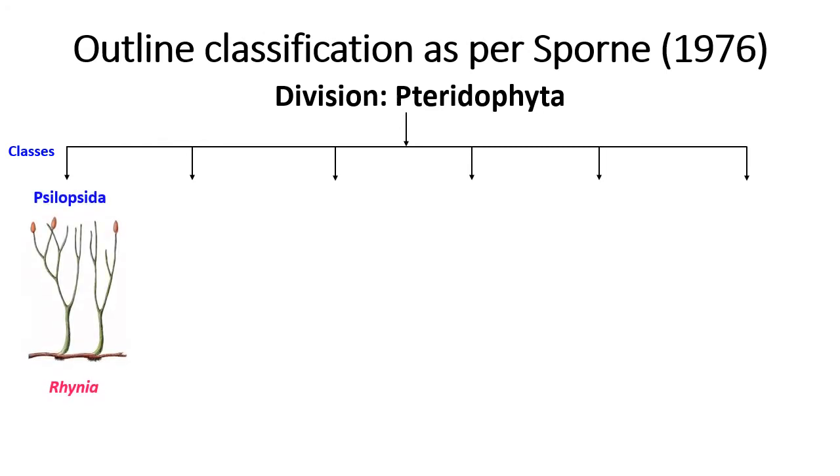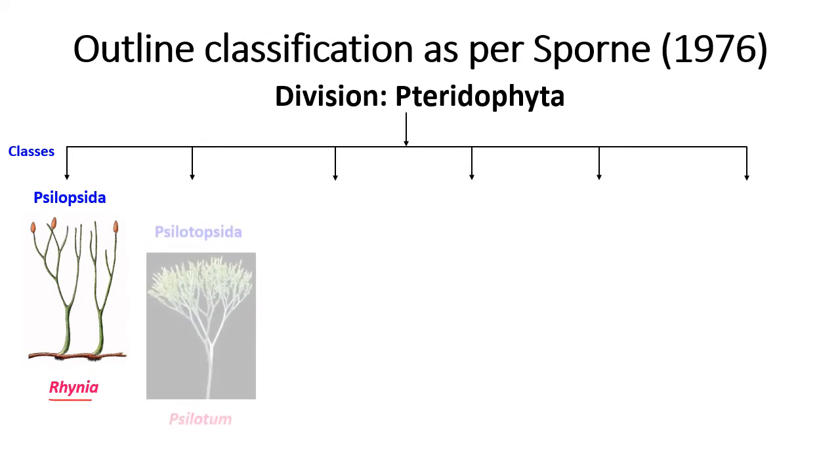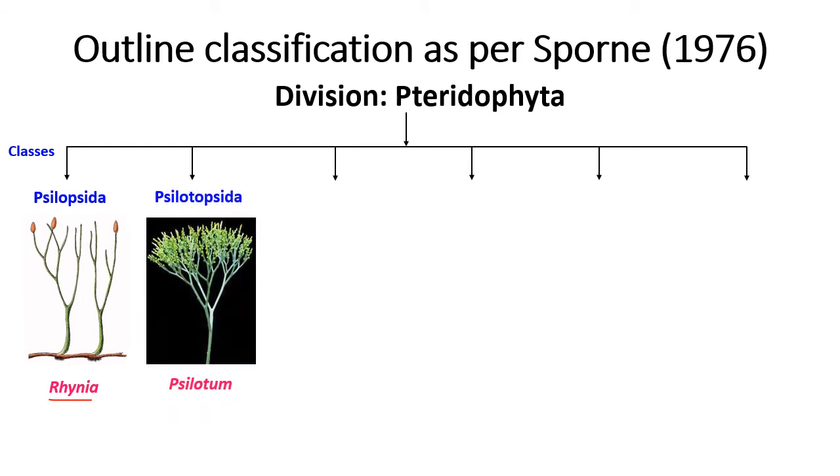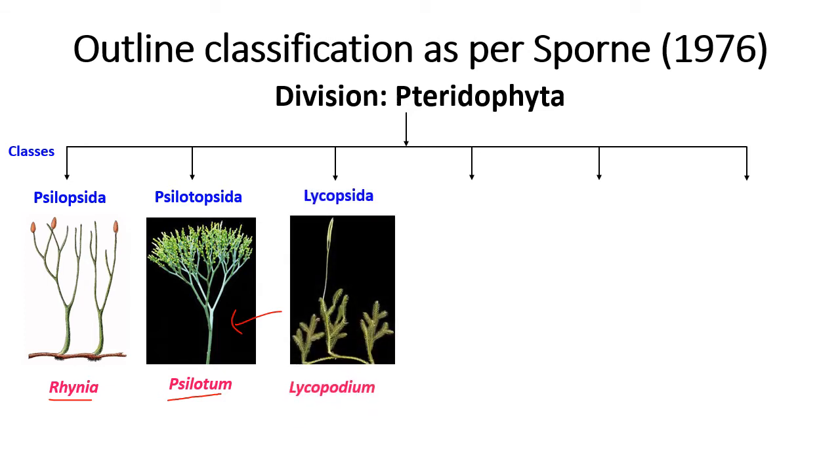Out of that, the first class is Psilopsida, and an example of this class is Rhynia. The second class is Psilotopsida, and the example is Psilotum, that you can see here. The third class is Lycopsida, and the representative is Lycopodium.